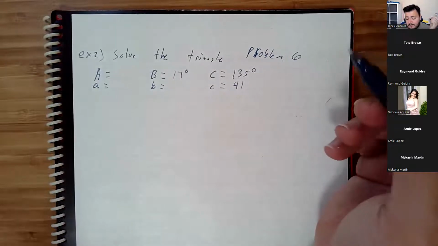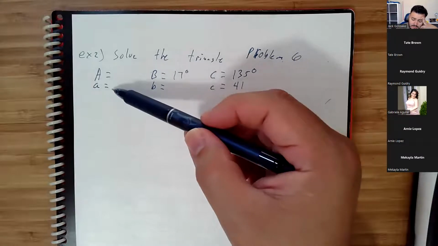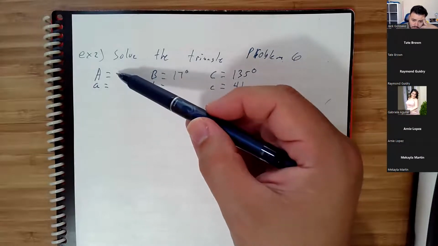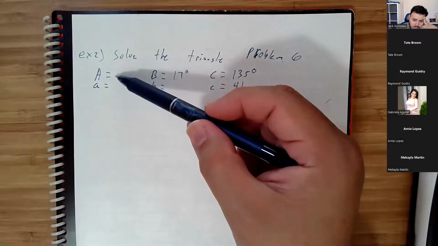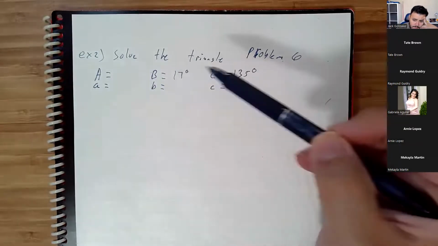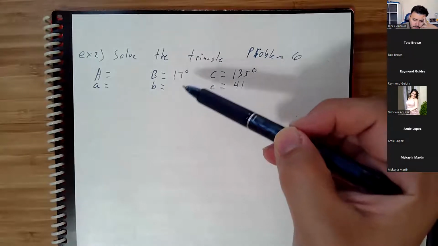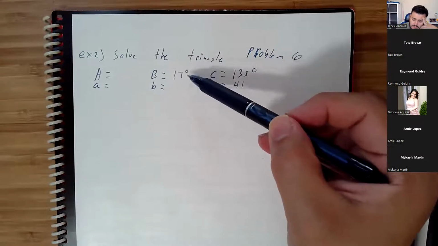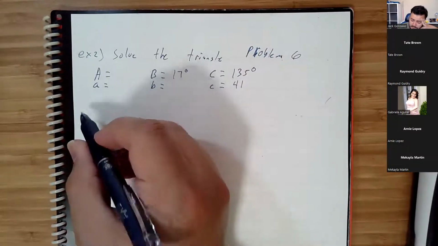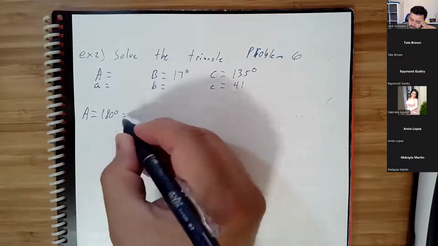Okay. So right now, I can't find any of the A stuff. I can't find little a because I need capital A, right? When you build that equation, you have sine capital A over little a. I can find little b because I have capital B. So the first thing you should do, like we said before, is find the missing angle by subtracting from 180 degrees.